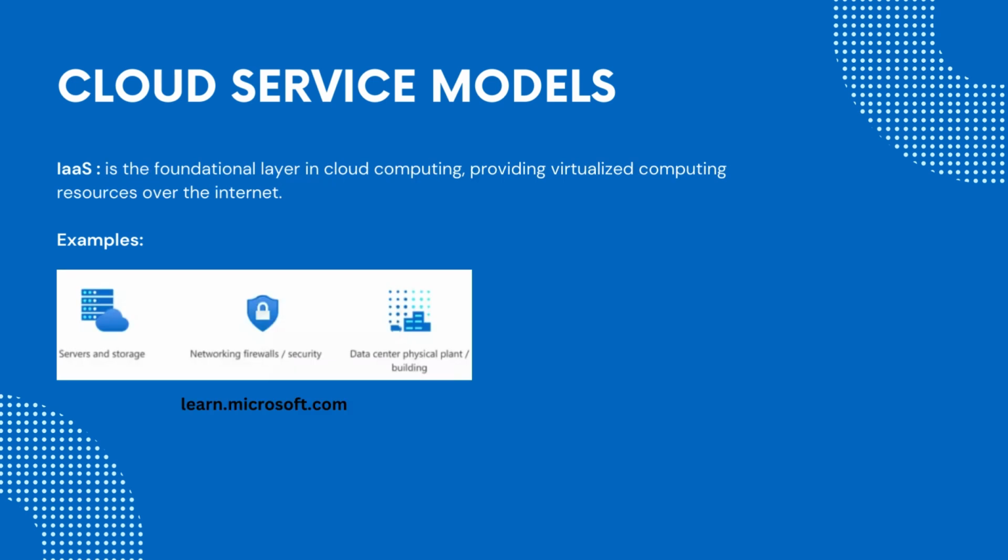Lastly, now this is infrastructure as a service. Infrastructure as a service is the foundational layer in cloud computing, providing virtualized computing resources. Now, remember, here you're talking about getting access to virtualized servers and storage, networking, firewall security, data centers.